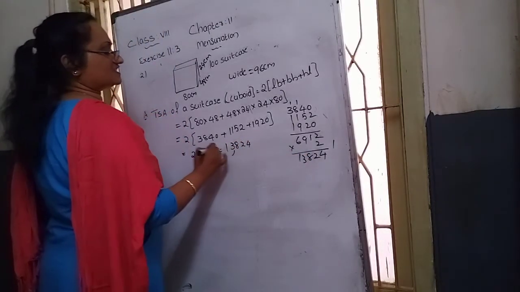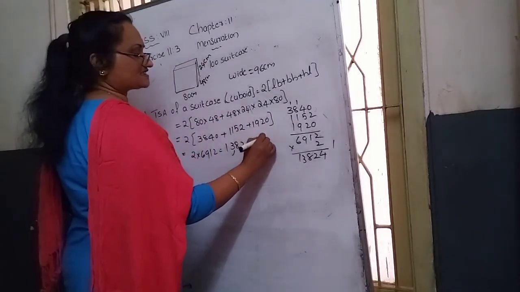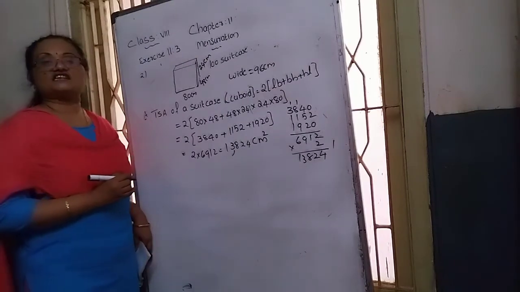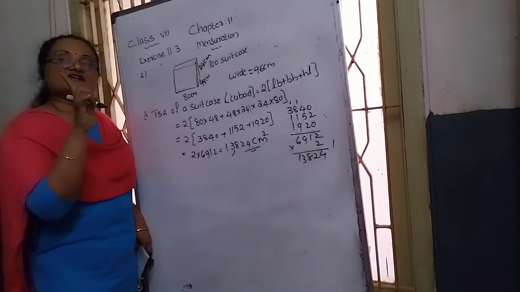That means the area is 13,824 centimeter square for one suitcase.